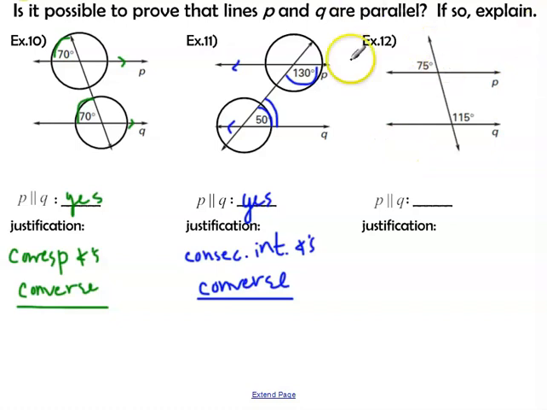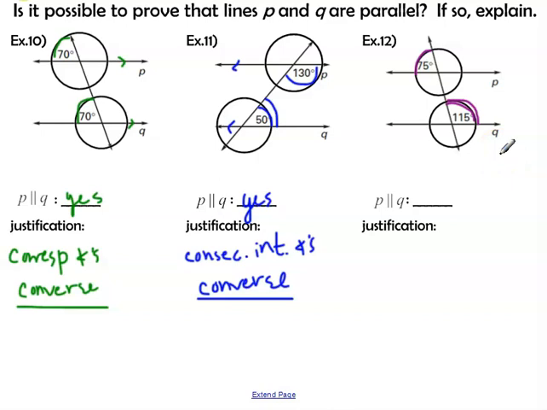Let's take a look at this last one. This one might be a little tricky, so let's make sure we work through this together. So if we put our circles there just for reference, this 75 is in the top left side. This 115 is in the top right side. They're not in the same position, so they're not corresponding angles.